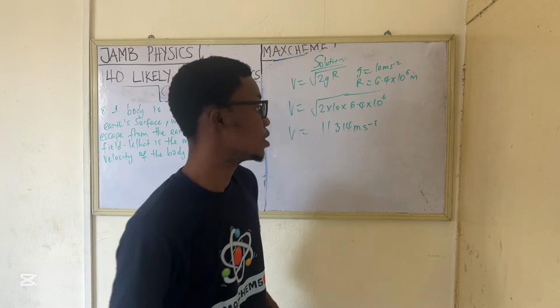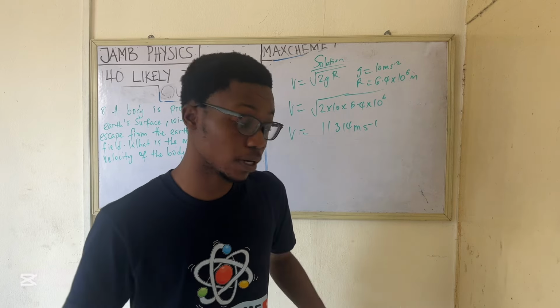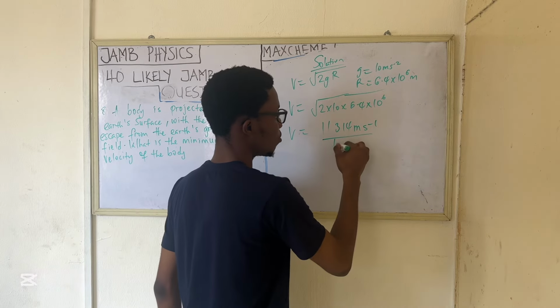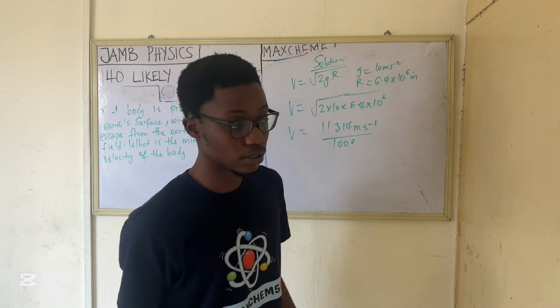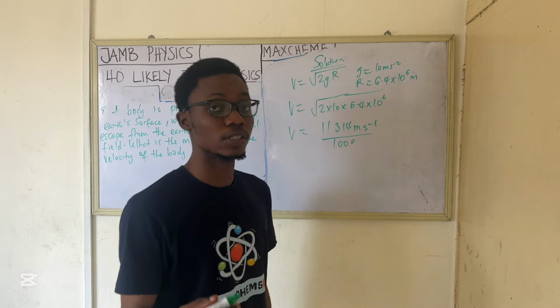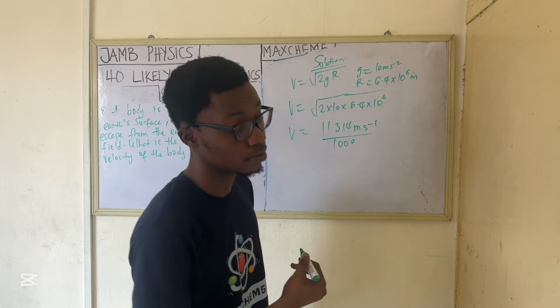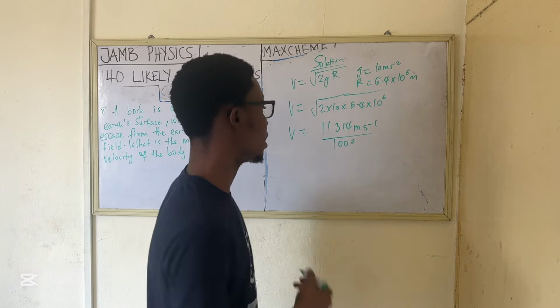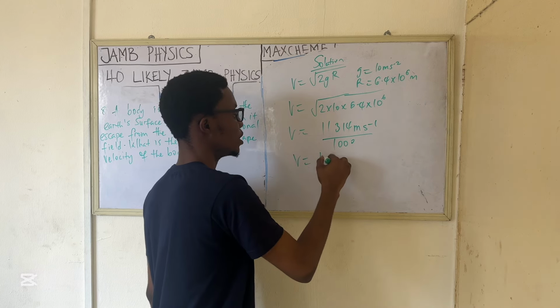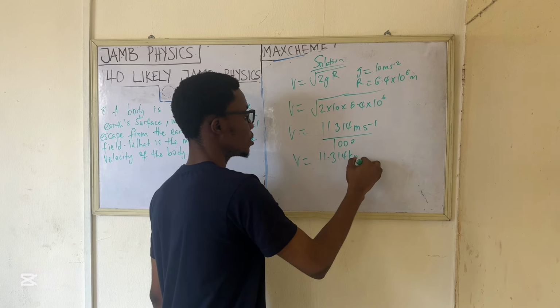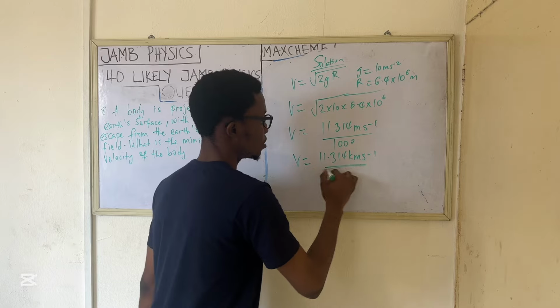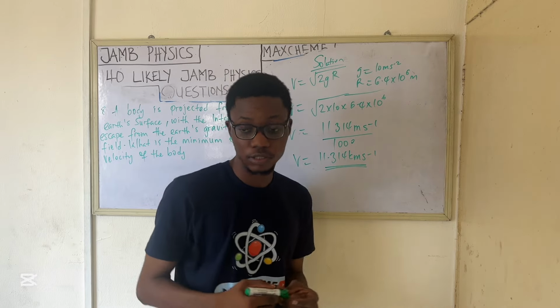That is the velocity. Then if you want to convert this to kilometer per second, you divide by 1,000. That is 11.314 kilometer per second. That is the answer to this question.